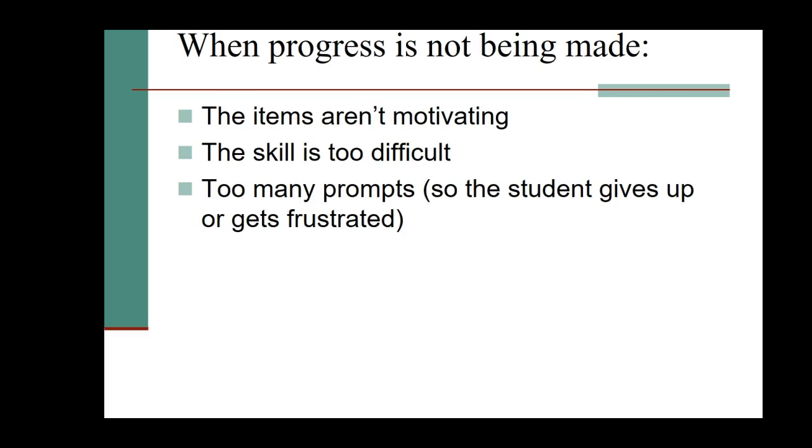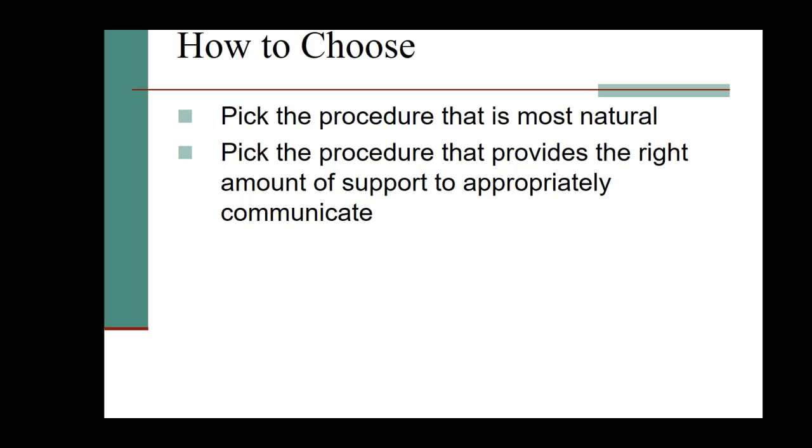When progress is not being made, the items are not motivating, the skill is too difficult, or there are too many prompts. And that's when students give up. Pick the procedure that is most natural, the one that's going to provide the right amount of support and appropriately communicate.